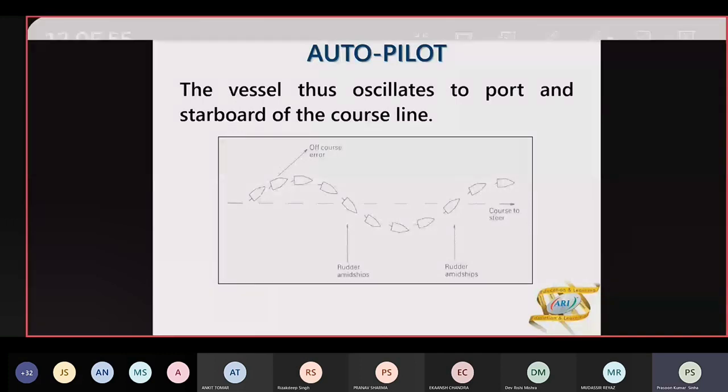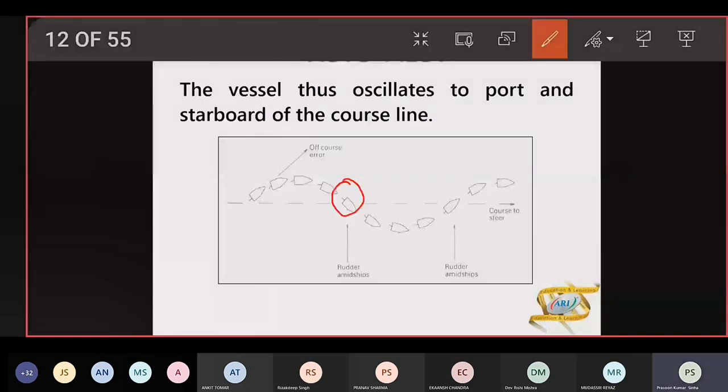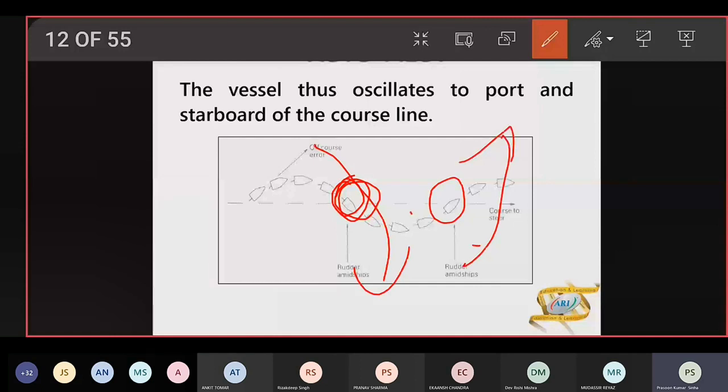If you see here, only at this place, when she is coming here, the rudder is brought to midship. But at that time, the vessel was swinging to this side. In doing so, she overshoots here, she overshoots here, and she overshoots here. So this will be the net effect of the autopilot if only proportional control was there.